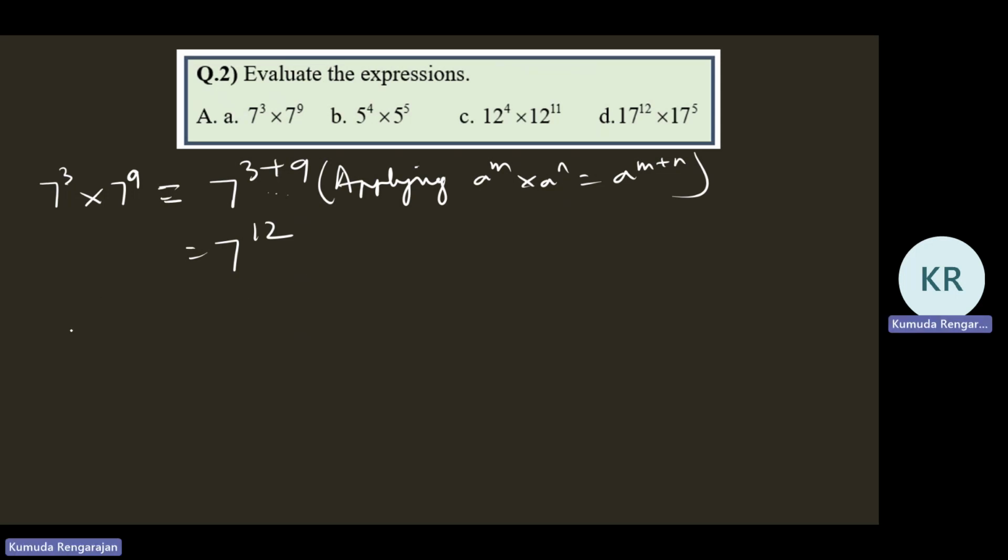All right. So the next one, Navneet. 5 raised to the power 4 plus 5. Applying a raised to the power m into a raised to the power n is equal to a raised to the power m plus n.